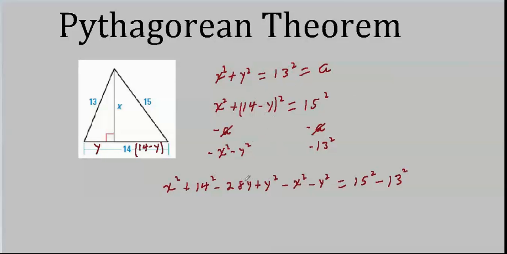Sure you remember that from your previous algebra class. And then we're going to subtract x squared and y squared. That's going to work out real well, because we got an x squared here, and it's going to drop out. That's lucky. Well, we've also got a y squared.